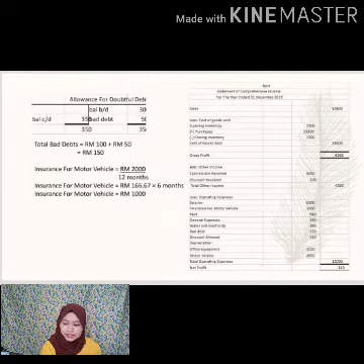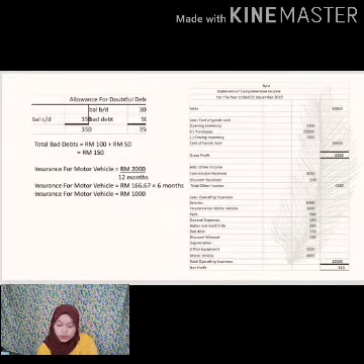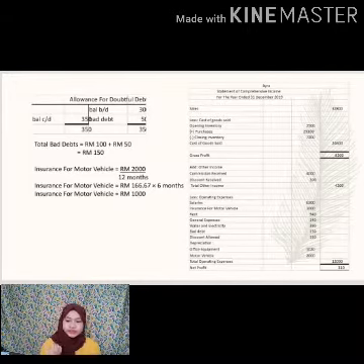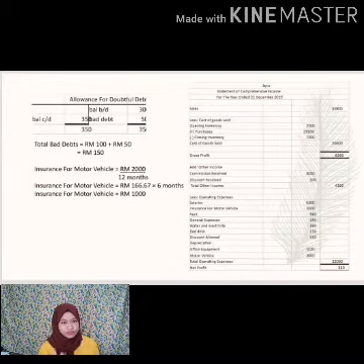Operating expenses, the items are, as you can see, salaries, insurance for motor vehicles, rent expenses, water and electricity, bad debt, discount allowed, office equipment, and motor vehicles.